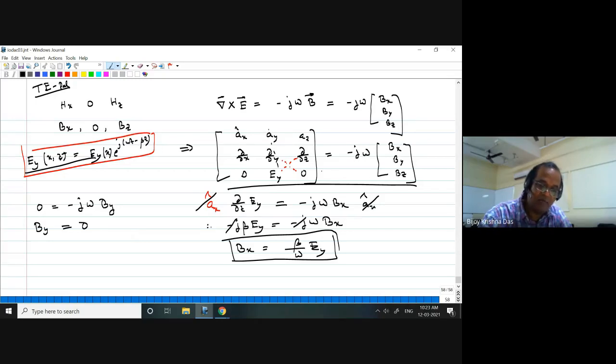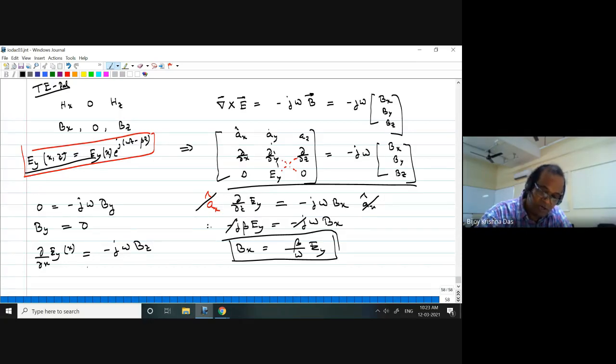And similarly, for the z component, what will I be getting? Del del x Ey, and this is 0. So we can write del del x Ey, it must be x dependent, you have to consider. That should be equal to minus j omega bz.